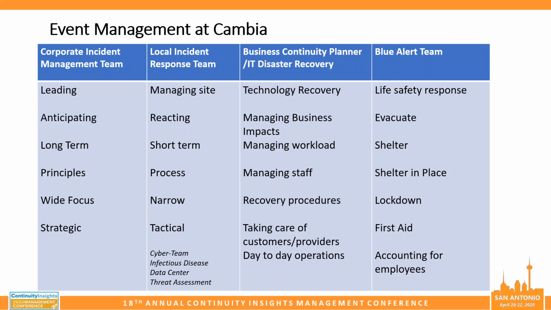Beyond testing, the business continuity planners also are required to do twice a year updates to the plan document itself and to have it signed off by the senior leader once a year. So they have ongoing requirements that they have to meet in order to stay in compliance with the program.